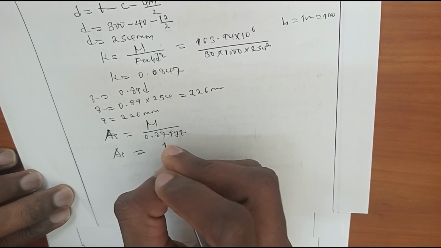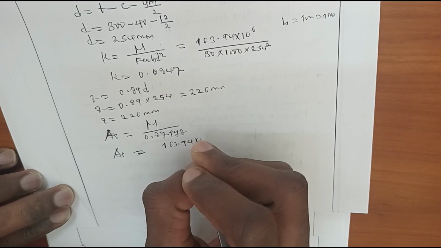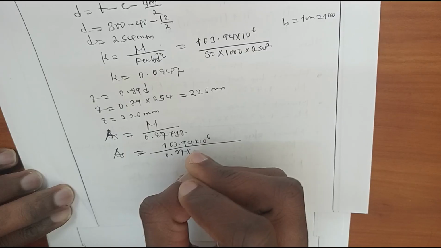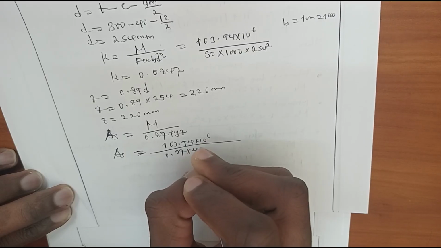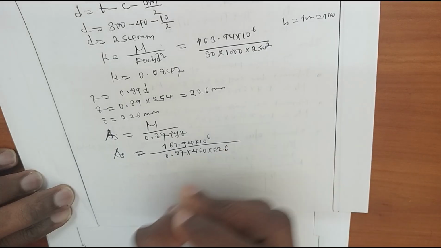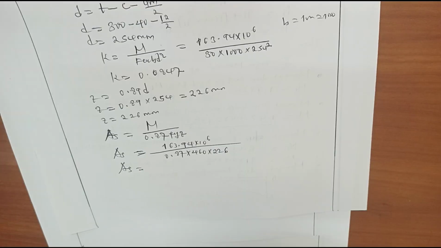Maximum design moment, which was 163.94 times 10 to the power 6, over 0.87 times Fy, which is 460, times the value of Z, which is 226.